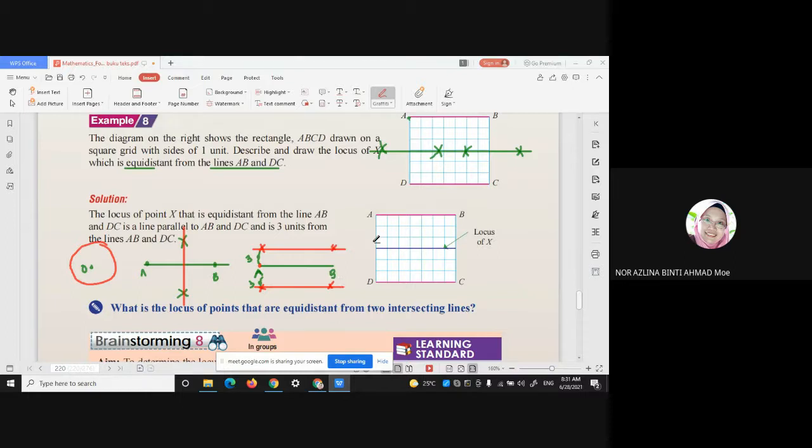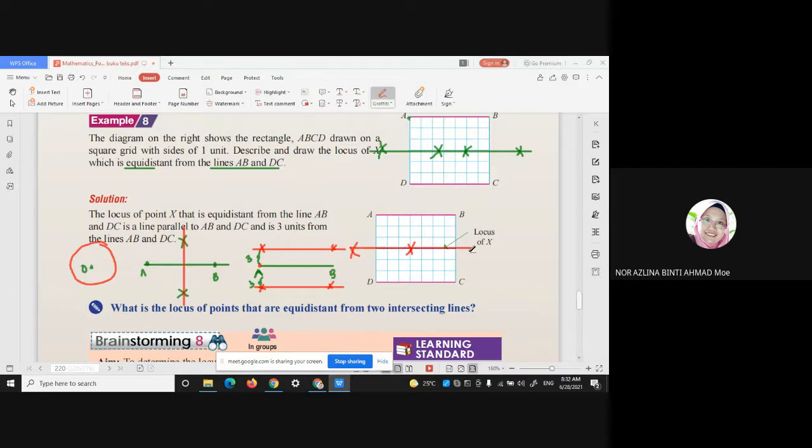Next, what is the locus between two lines? We use compasses also. We draw the curve, left and right from D, and we draw the horizontal line.